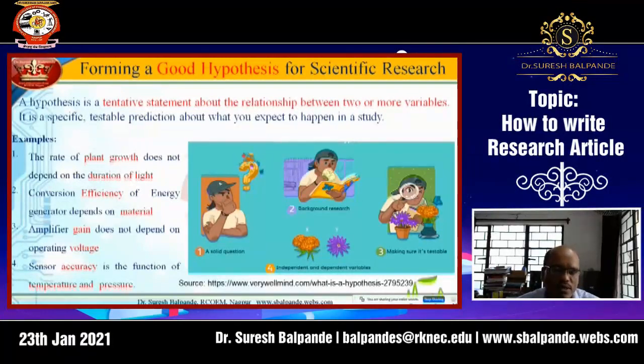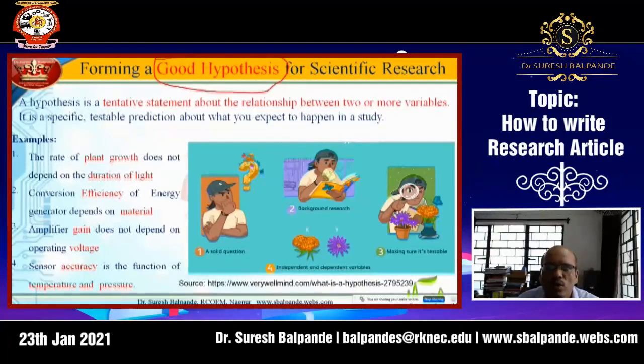Otherwise, there is no point in writing a good research article, because from our side we say it's a good article, but from the editor's point of view or another researcher's point of view, it is of no use, because this research has already been done by so many people, it is already published, it is already saturated, or that question may not be suitable for implementation. So that is why a very important thing is a good hypothesis.